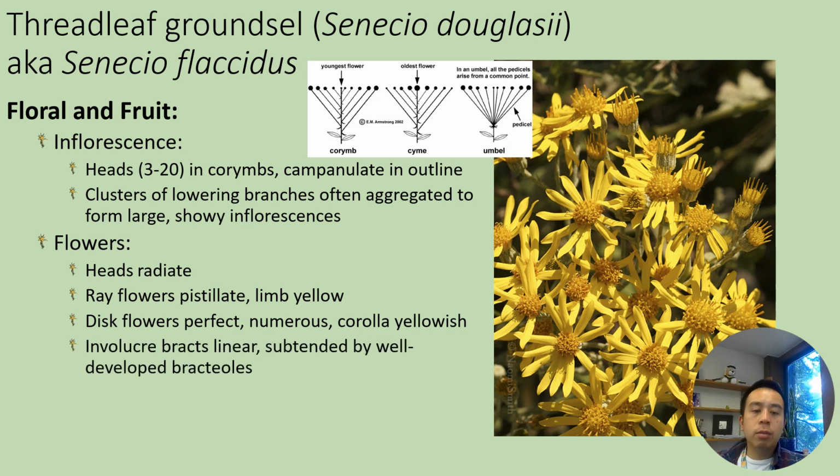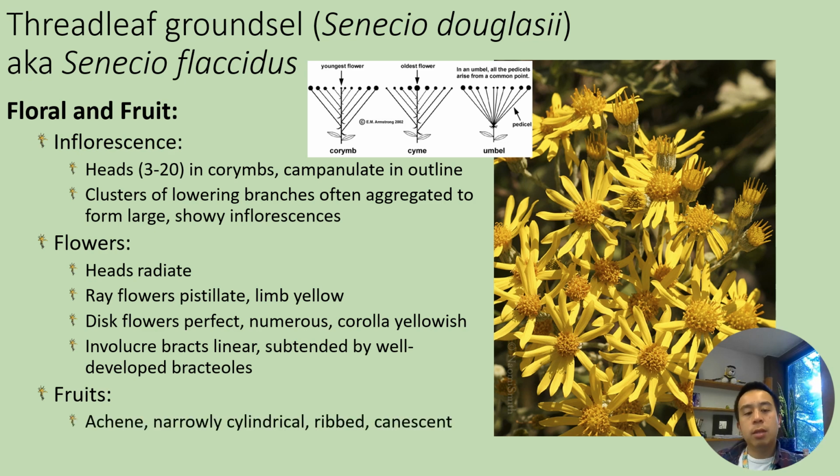And the involucral bracts are linear and subtended by well-developed bracteoles, which are essentially these little modified bracts on the undersides of the involucre. The fruits themselves are achenes, so those are the dry fruits that are narrowly cylindrical, ribbed, and canescent. And it's a pappus-producing species with numerous white capillary bristles.